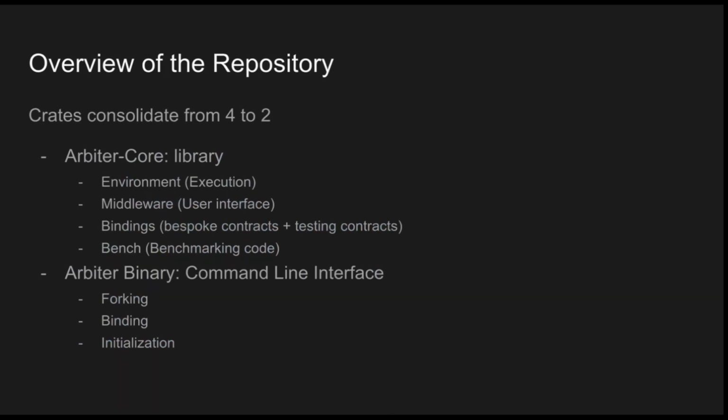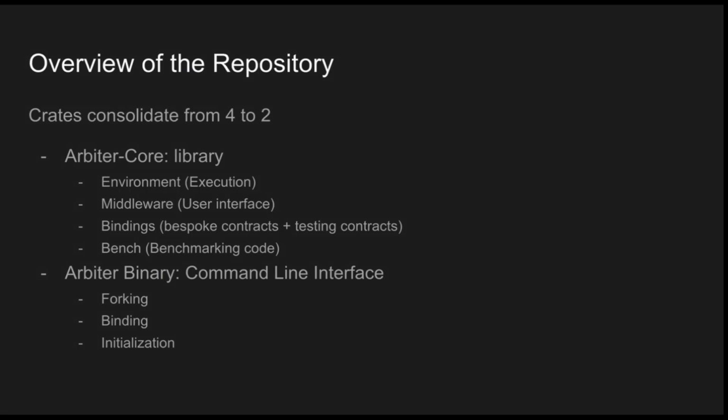With the middleware upgrade, which was pretty big, we consolidated down from 4 crates to 2 crates. If you're familiar with the Rust ecosystem, there are 2 types of crates you can have, and we have exactly one of each here. We have a library crate, which you can use to access any of these abstractions and tools that we've built.